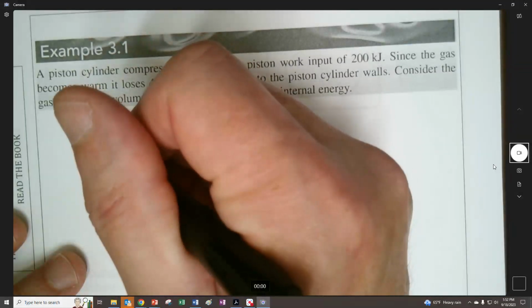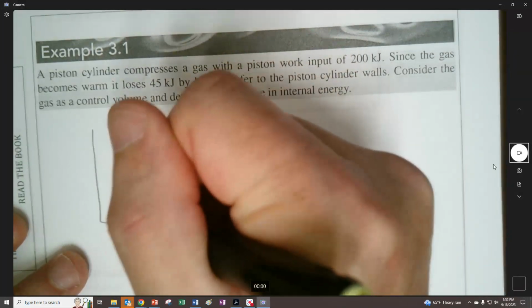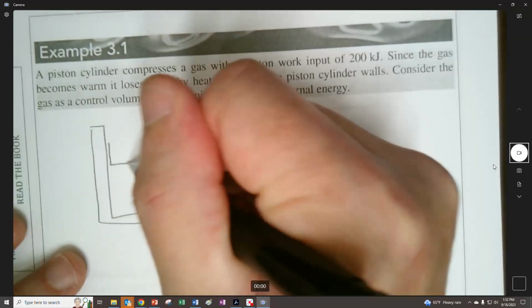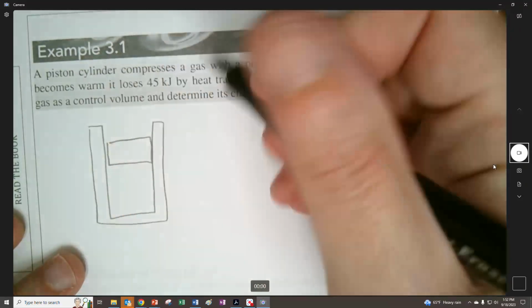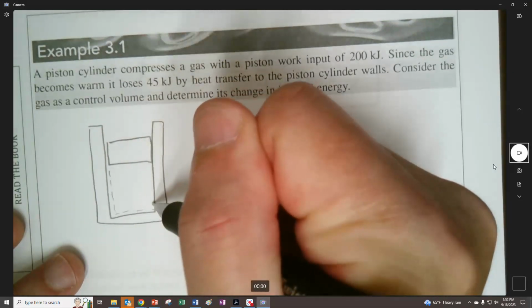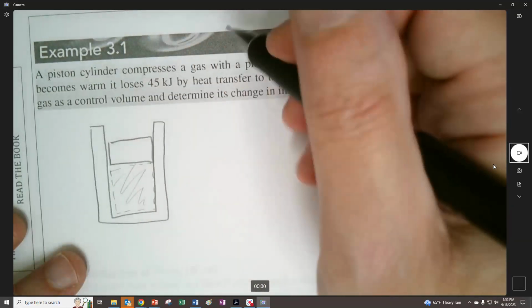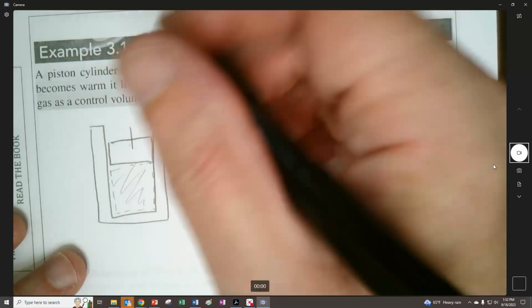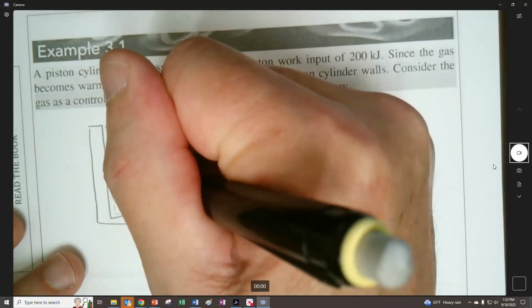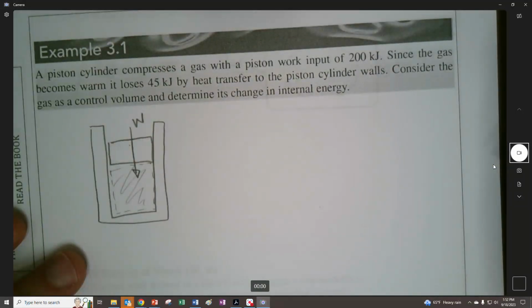All right, so I'm going to draw it out. I drew it differently on my page, but we're going to have a little piston right here, and it's going to go down, and here's going to be our control volume within here of the gas, moving down right here. In the process of moving down, it has added work into this system.